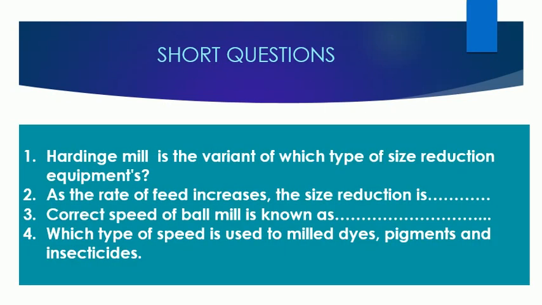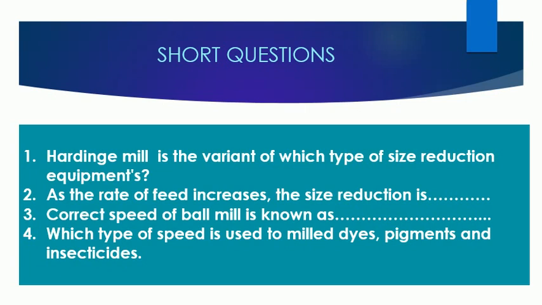Under this category of short questions, the first question is, hardinge mill is the variant of which type of size reduction equipment? I know you have given the correct answer, that is ball mill, which is very easy for you all. Second question is, as the rate of feed increases in the ball mill, the size reduction is, the answer is decreases, since the material is retained for a shorter time period inside the ball mill.